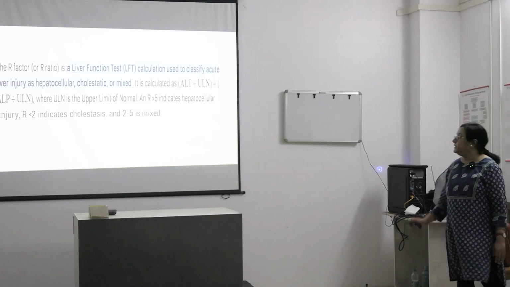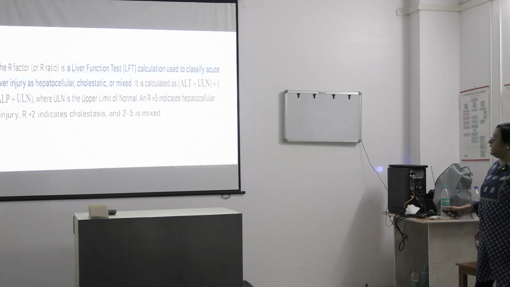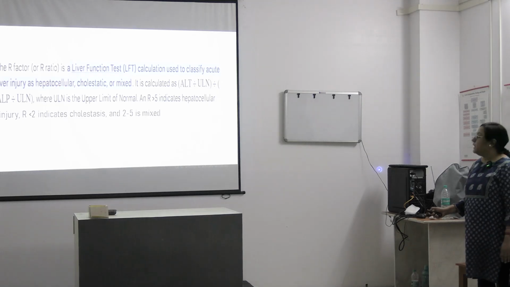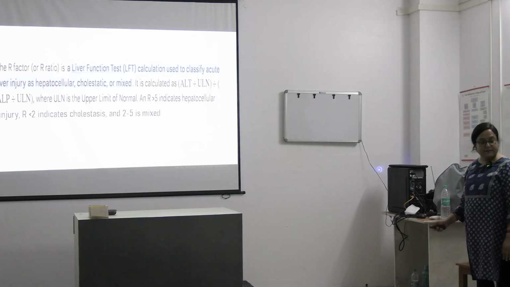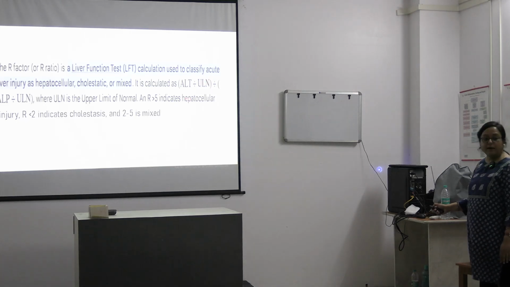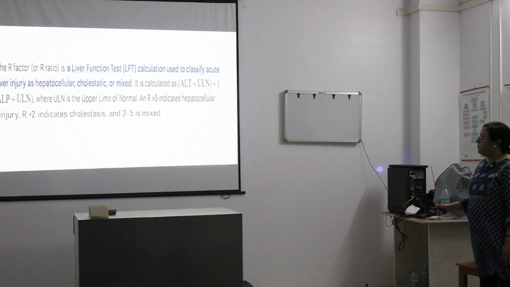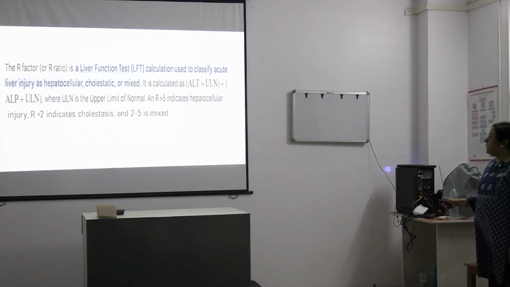function test. It is a calculation used to classify acute liver injury as hepatocellular, cholestatic or mixed. So it is calculated as ALT divided by the upper normal limit, and this is again divided by alkaline phosphatase divided by the upper normal limit, where the upper normal limit is ULN.